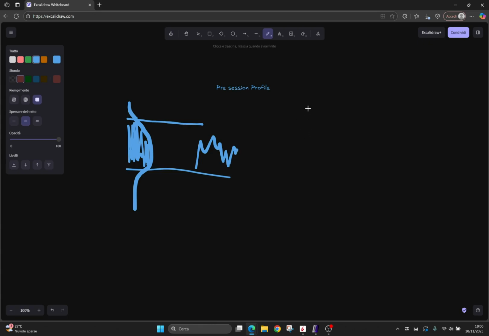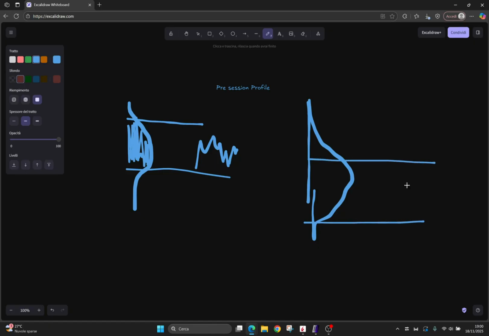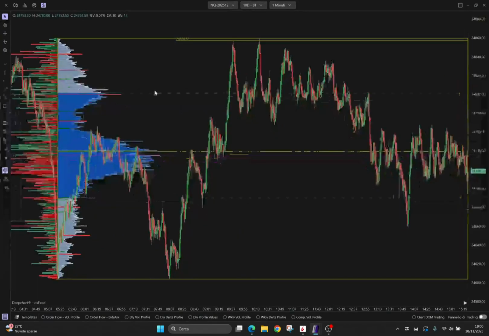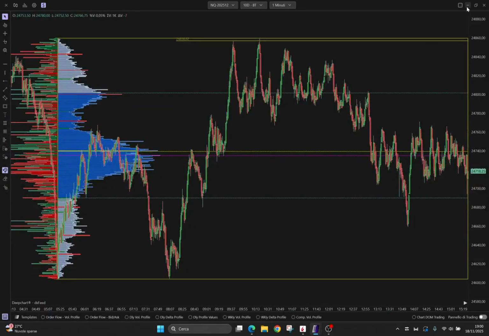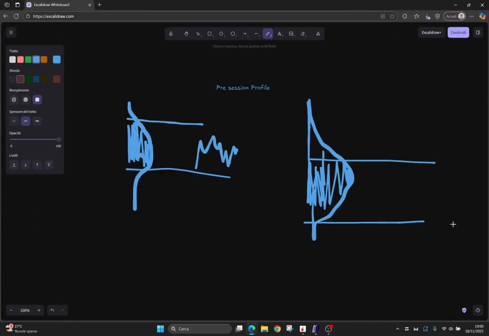The second scenario is that you have a profile like this. So you have a huge pressure on the low, okay? This is where 70% of the volume gets transacted, and you have the blue, so you see this one, the blue, it's all on the low side. It means that the players are preparing to destroy the entrance of the castle, okay?